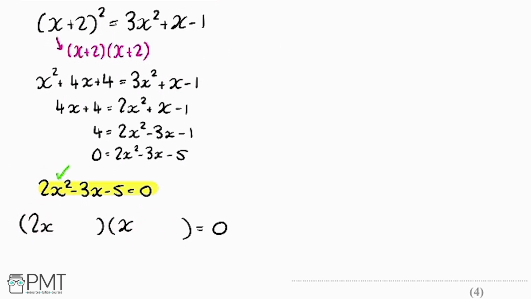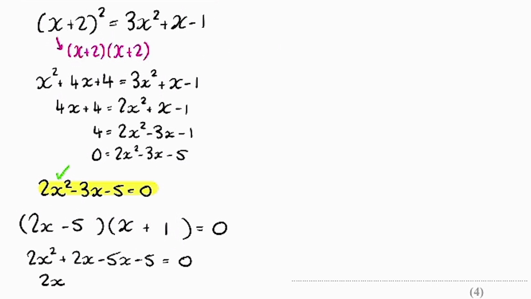So the terms put in here are a little bit more tricky to work out. But after you've played around with some pairs which multiply together to give -5, we'll work out that -5 and +1 are the pair that we need to go in here. Because now if we expand out these brackets, we're going to get 2x squared, then 2x multiplied by 1, so plus 2x, minus 5x multiplied by x, minus 5x, minus 5 times 1, minus 5, is going to equal 0.